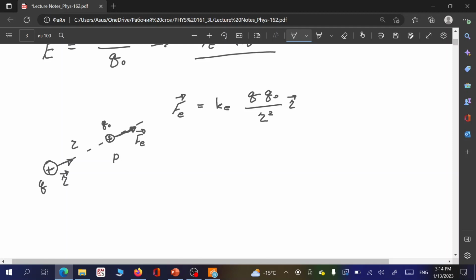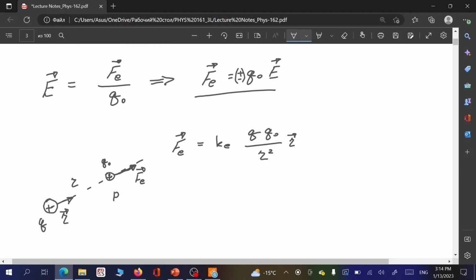So now, according to this equation, we can define the electric field vector in this point P, which is created by the source charge Q. In this case, it will be E vector equal, again, we can write here F e vector divided by Q naught, where Q naught is the test electric charge.